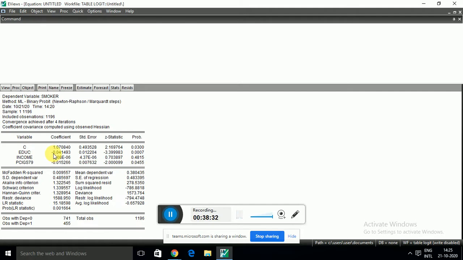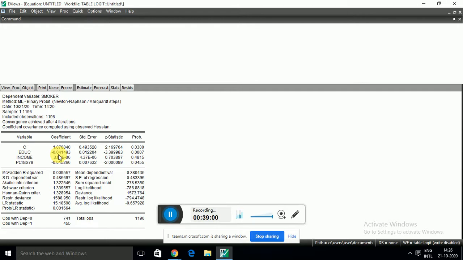Just a few minutes back, when I ran an OLS, I was basically saying that the probability is increasing or decreasing irrespective of education, or irrespective of income, or irrespective of age. So it is linear. But here this is measured in terms of the odds ratio. So I am trying to capture the non-linearity.